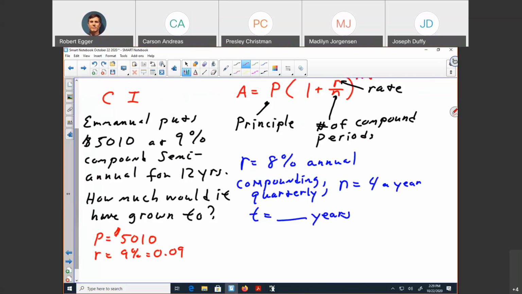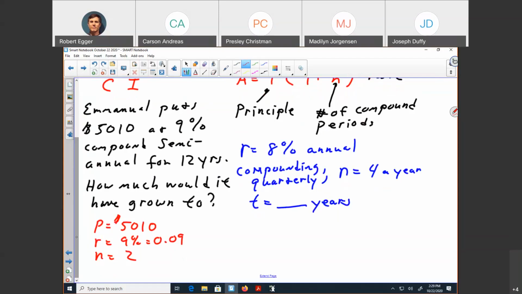N is 2, because twice a year you're going to compound, you're going to calculate your interest. So N is 2, and T equals 12 years. So 9% a year compounded twice a year for 12 years.